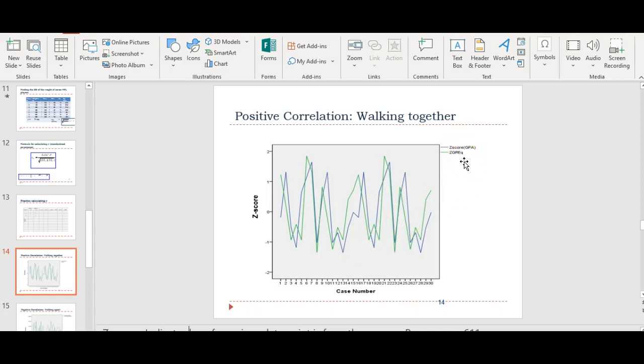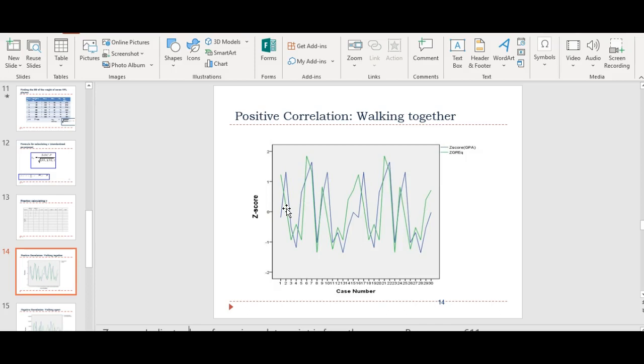So that's cool. On the x-axis, we have the case numbers, so all 30 people in the data set, and then we have these lines corresponding to their scores and their GPA. Specifically, the GRE is the green line and their GPA is the blue line. On the y-axis, we have the z-scores.